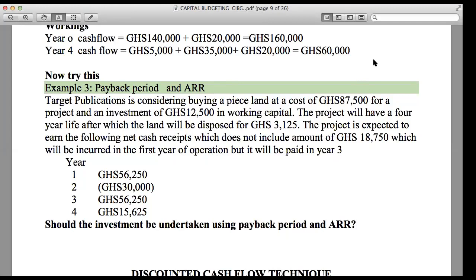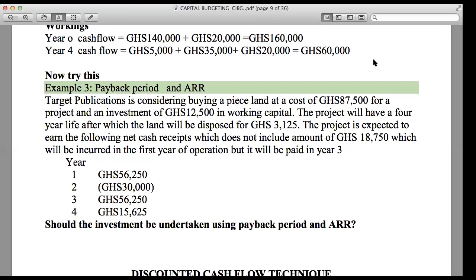There's also a scrap value of 3,125. So in all, please sum it up for me.